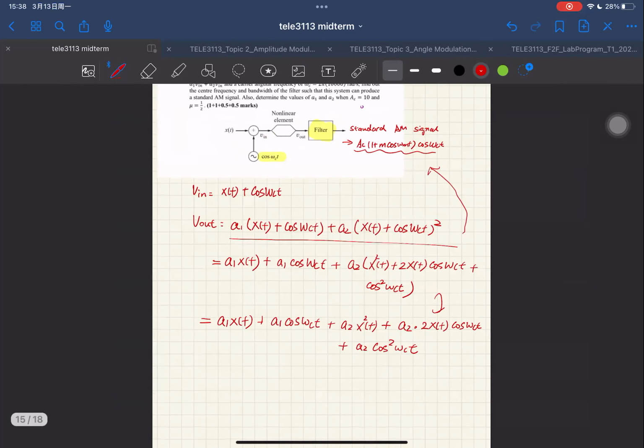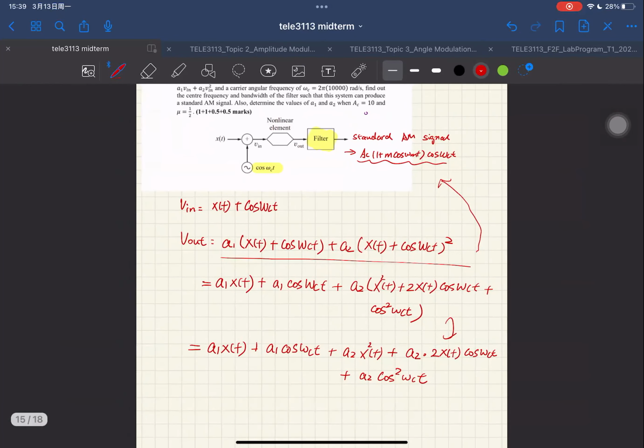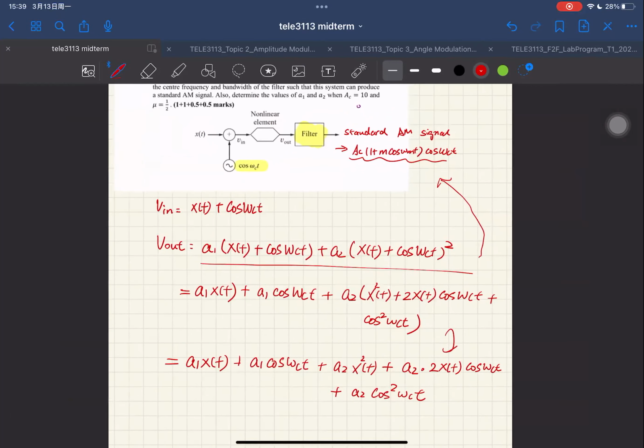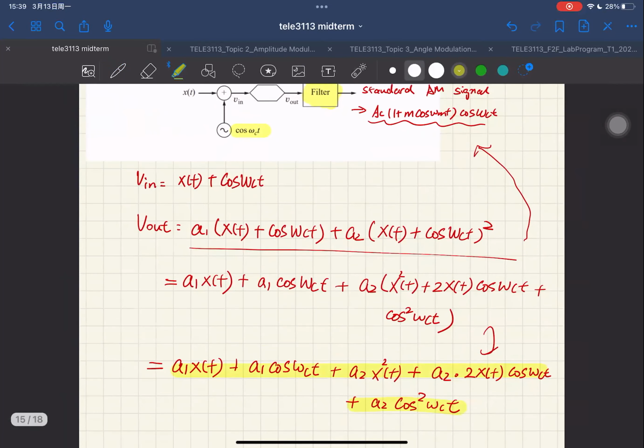Because this is our V out, this is essentially what we should get at the output of the filter. But the question says we want a very standard AM signal, so we want to make sure the output has exactly the same format as this one.